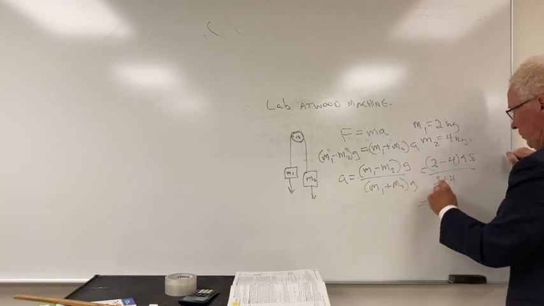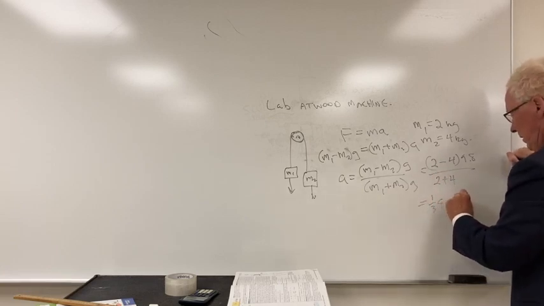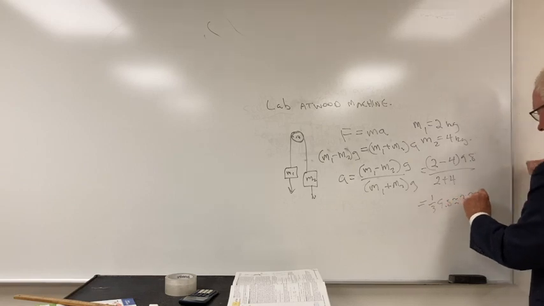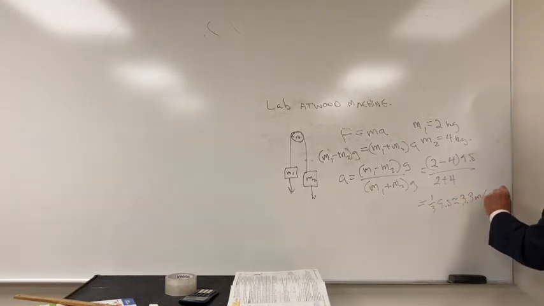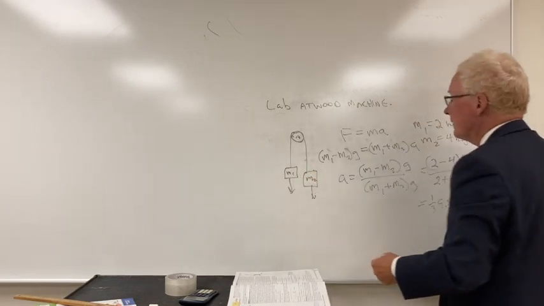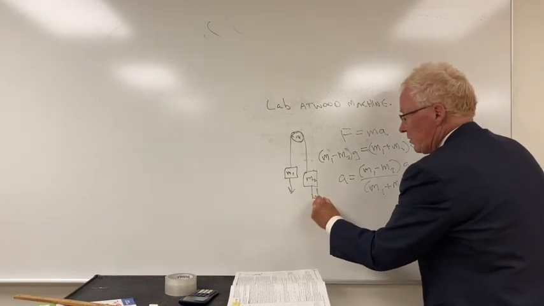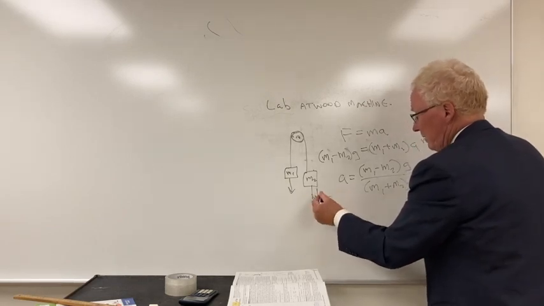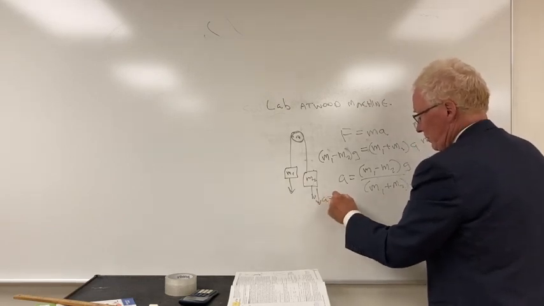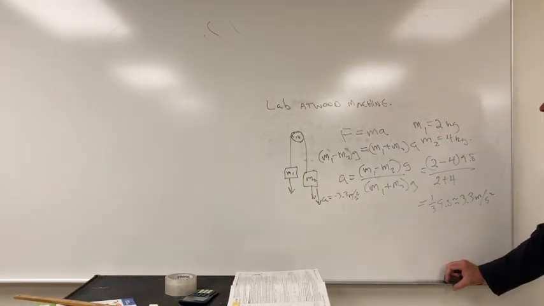So that would be minus 2 over 6, so it would be 1/3 of 9.8, or roughly 3.3 meters per second squared, and it would be accelerating this way, because M2 is bigger than M1. So if you want to call that down, A is minus 3.3 meters per second squared. Okay, so that's one example of the Atwood machine.